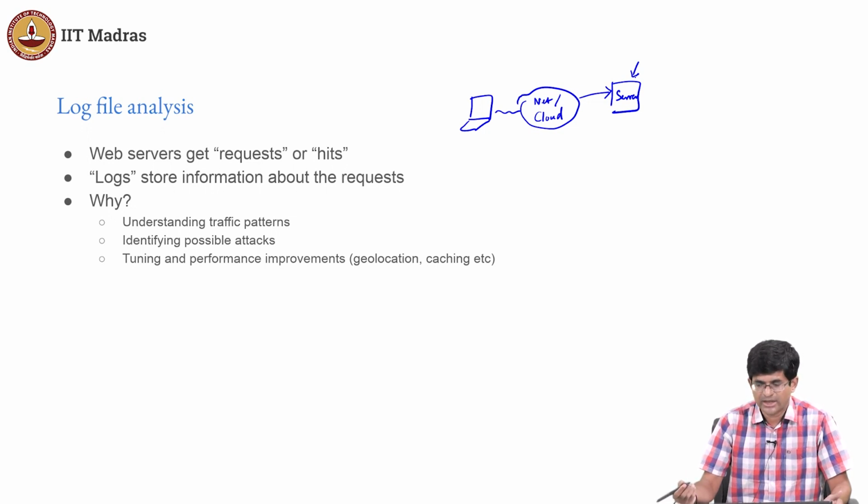All that kind of information is useful as a webmaster, right? Why? Because of a few different things. One is, you just want to understand traffic patterns. Is the traffic more during the daytime? Is it more at night? Does it sort of spike before exams? Or if you're maybe having a bank or something like that, when is it that the traffic suddenly shoots up, right? You issued a new loan scheme and the traffic goes up. All of that is useful information, right?